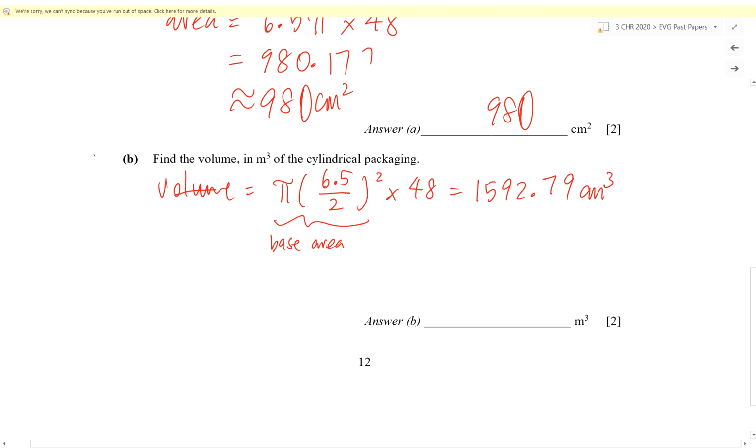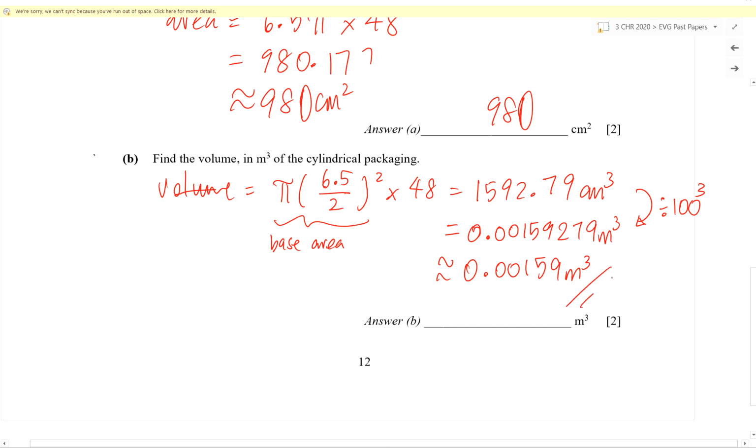But we have to change it to cubic meters. So we divide by 100 cube. But we need to round it up to 3SF. So this is our answer.